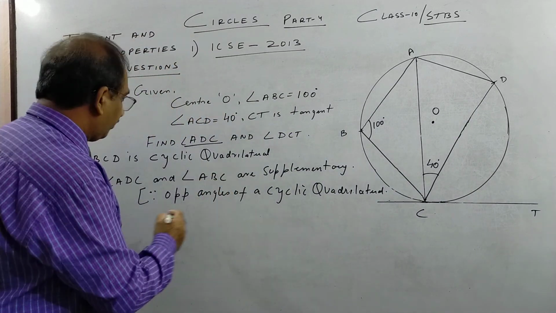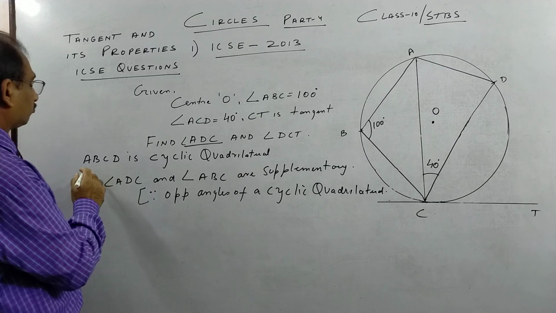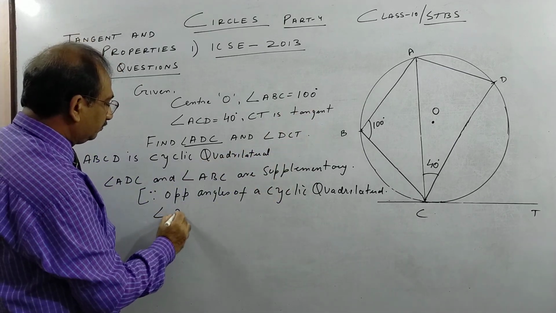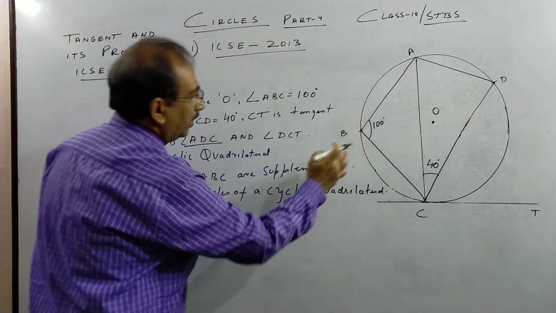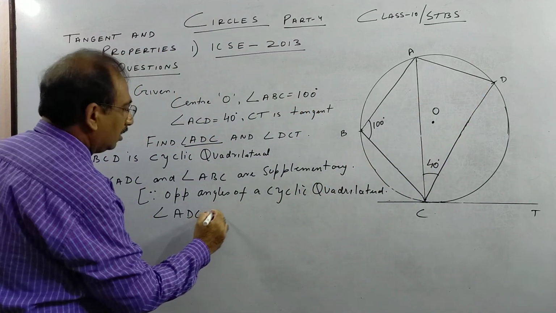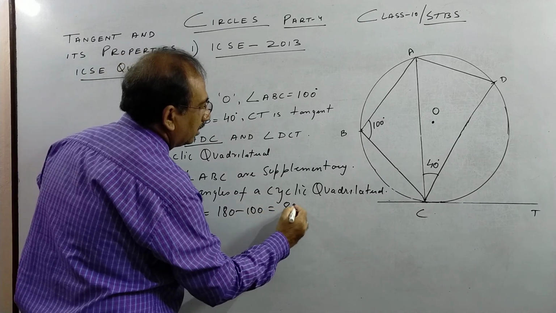Therefore, the first answer: angle ADC is equal to 180 minus this, together they are 180, this is 100, so 180 minus 100. So this is 80 degrees we got, children.